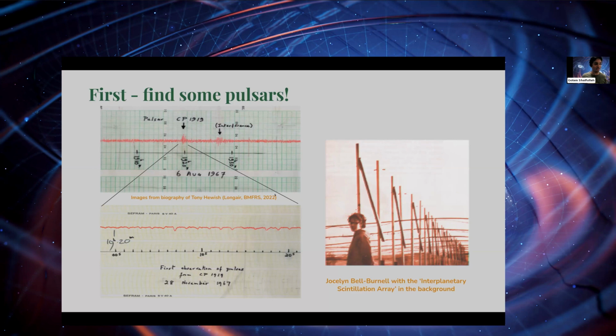So what you see here is basically what Jocelyn's task was: to look at these pen chart recordings of voltage fluctuations produced by radio emission mapped to different longitudes on the sky.